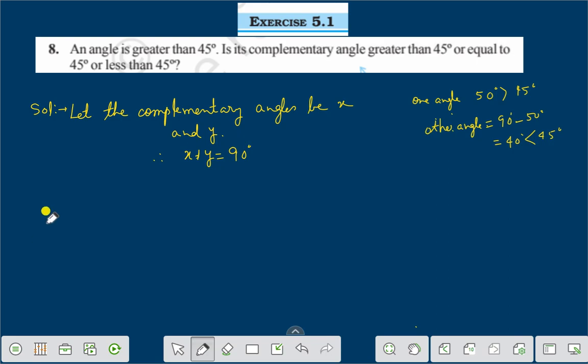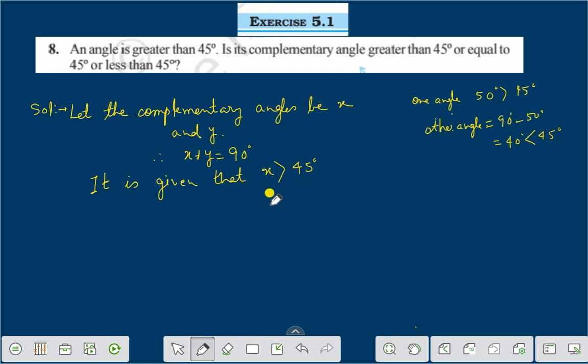It is given that x is greater than 45 degrees, right?